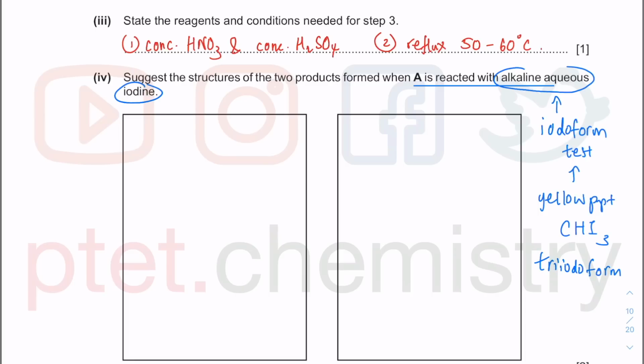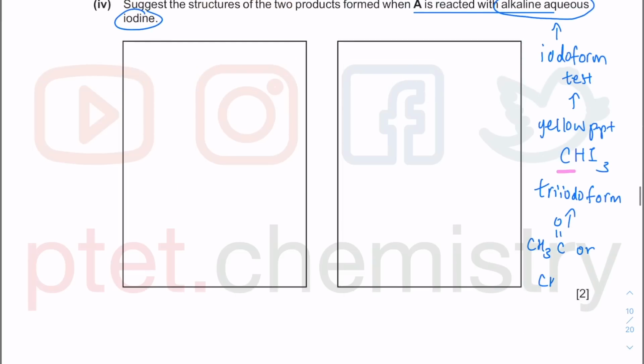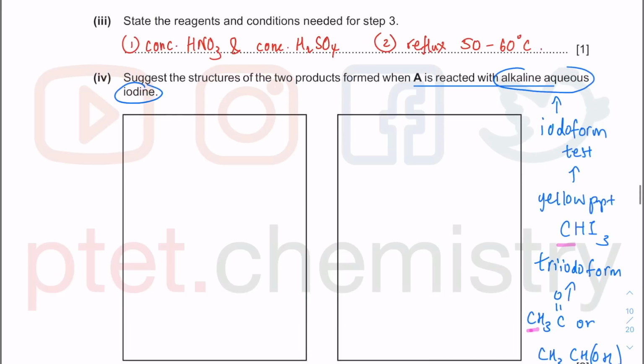And where does this carbon come from? It comes from this methyl ketone. So it's a test for CH3CO or CH3CHOH. So this carbon has been chopped off, fragmented from the original part of the molecule. So that's CH3CO carbonyl or CH3CHOH as part of alcohol chemistry.